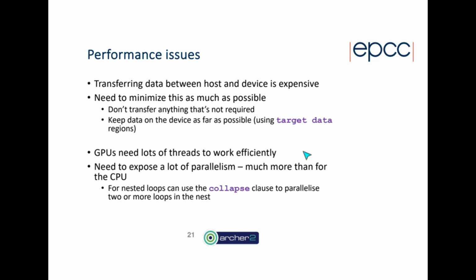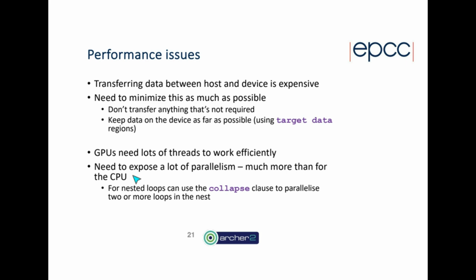Another consideration is that GPUs have got lots of cores in them, so they need lots of threads to work efficiently. That means that you need to expose a lot of parallelism, much more than for the CPU. For efficient CPU execution, you probably need up to tens of threads to fully utilize your CPU. But for GPUs, you probably need on the order of thousands of threads to fully utilize the GPU hardware.